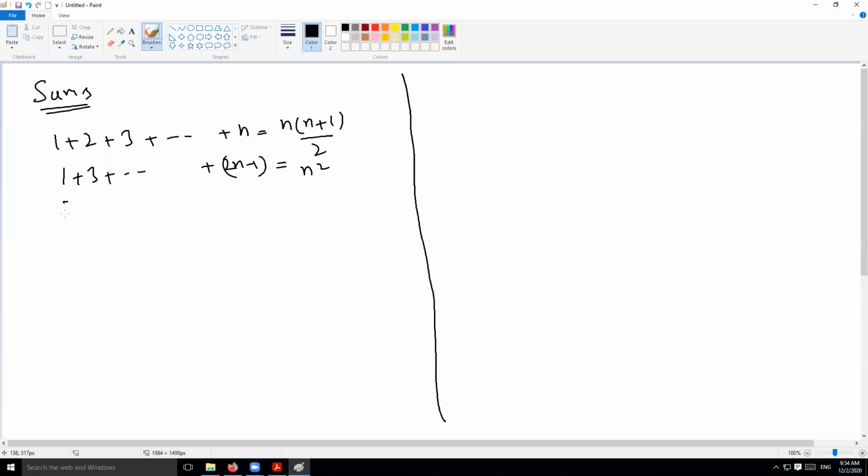By the way, what would be 2 plus 4 plus so on and so forth plus 2n? Can someone tell me? Do I need to prove this? Anyone?